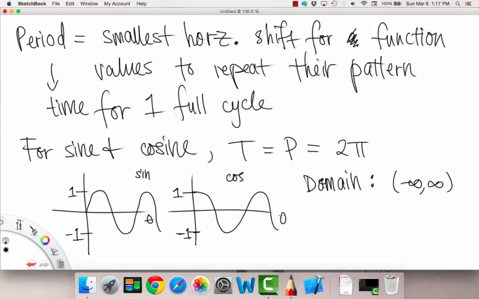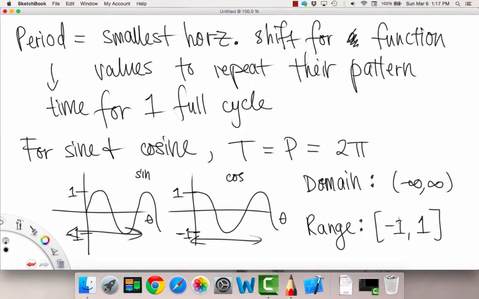This is the theta axis, so we can go all the way to the left, all the way to the right. But our range is we only get output values between -1 and 1, including those values, because we can get -1 and +1, but we can't go beyond those because our unit circle doesn't allow that.